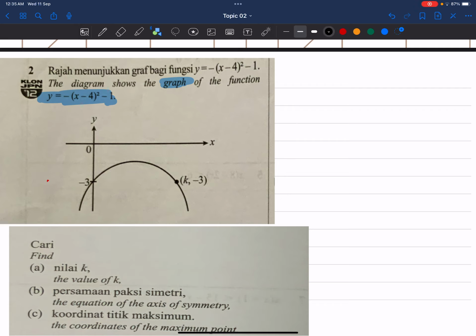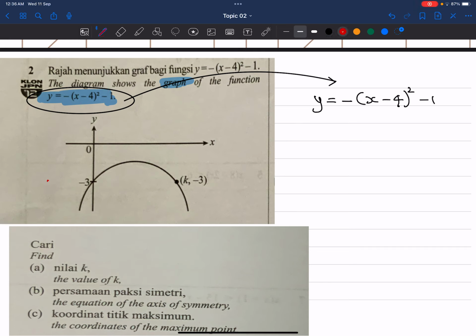If you look at the equation that is given, which is y equals negative (x minus 4) bracket square minus 1, since we have the square, therefore this is a quadratic function because of the power 2.